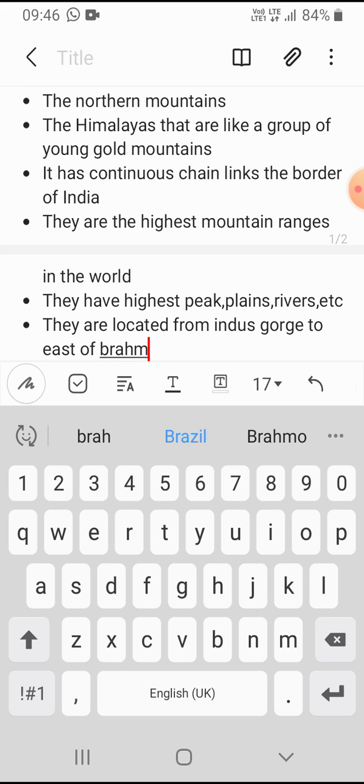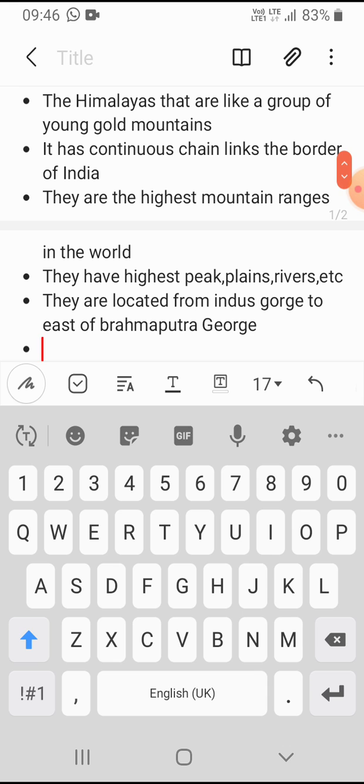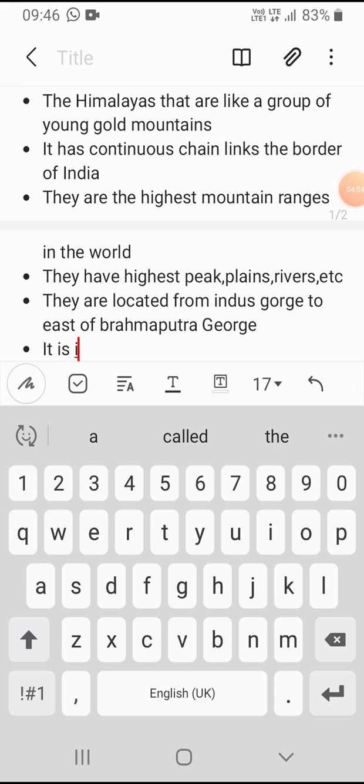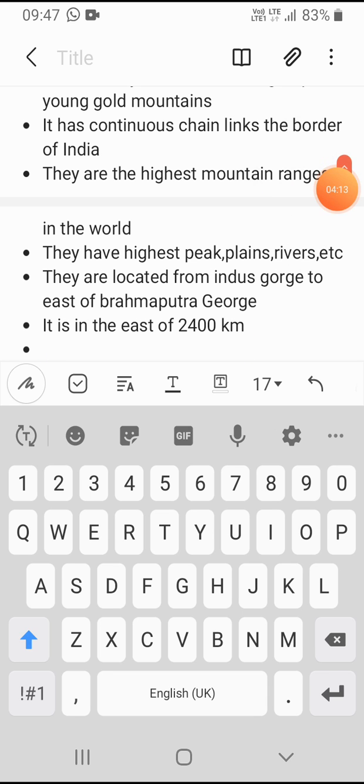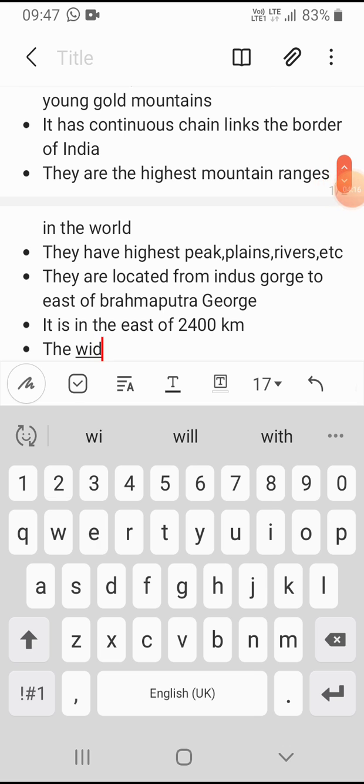From the Indus Gorge to the Brahmaputra Gorge, these mountains extend for 2400 kilometers, and the width is 320 kilometers.